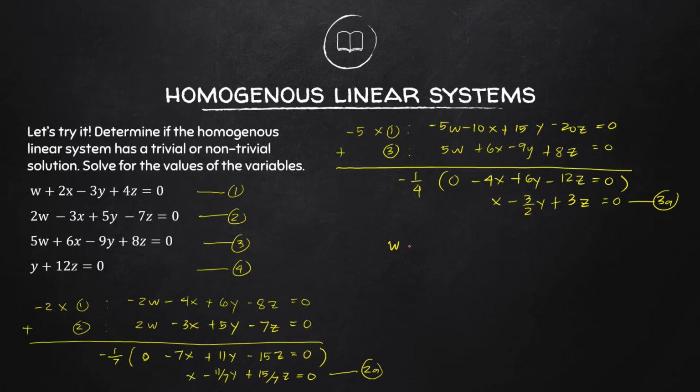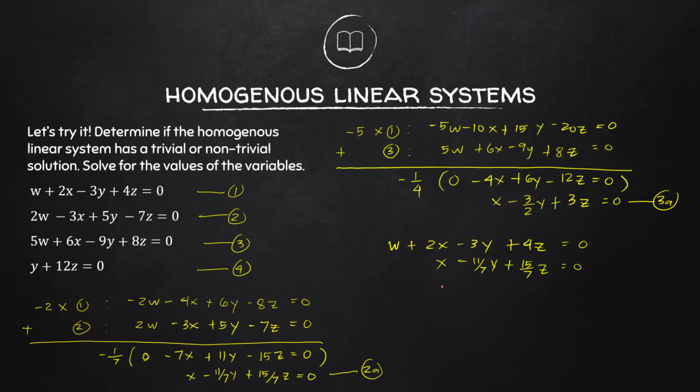w plus 2x minus 3y plus 4z equal to 0. The second equation would be x minus 11 over 7 y plus 15 over 7 z equal to 0.